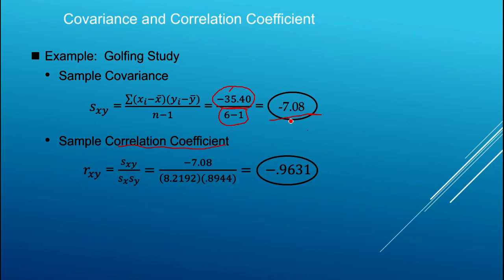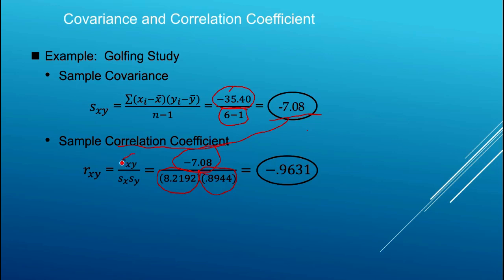Taking the value of minus 7.08 and putting it into the formula for the correlation, we divide it by 8.21 and 0.8944. These were the standard deviations of driving distance and score, respectively.